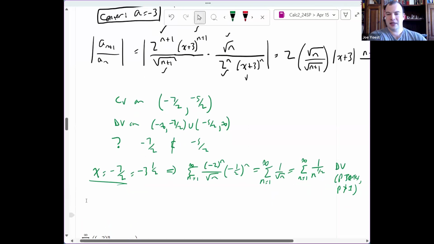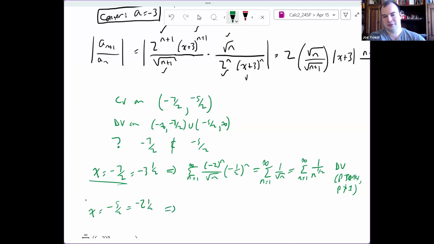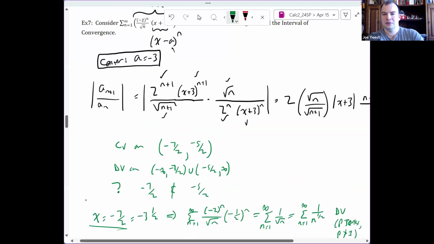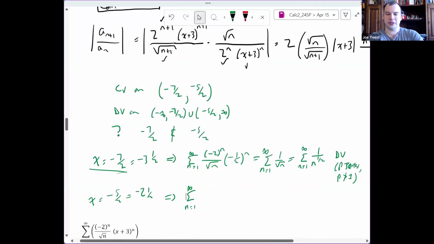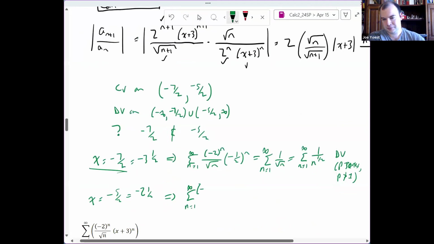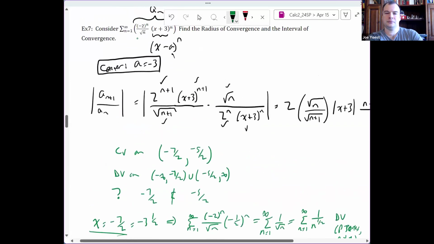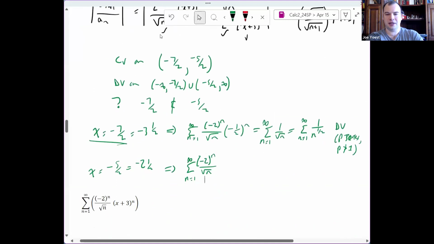What about at the right endpoint? x equals negative 5/2, or in other words, negative 2 1/2. So what do we get? Negative 2 to the n over root n times x plus 3 to the n.